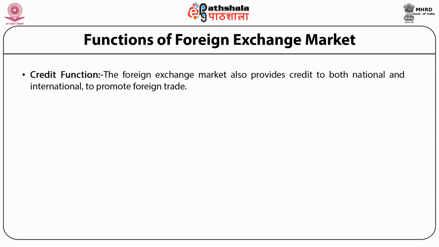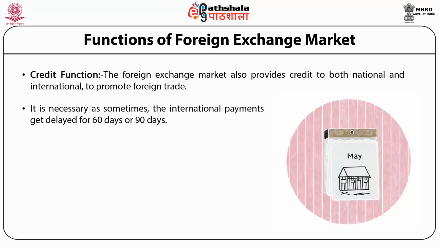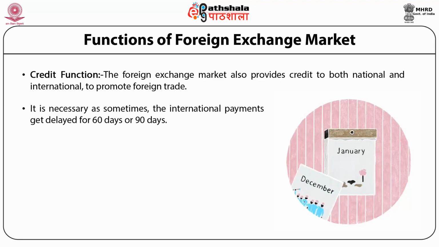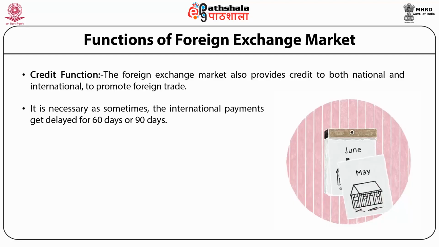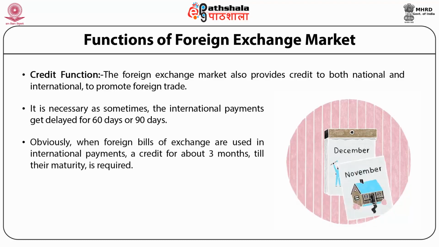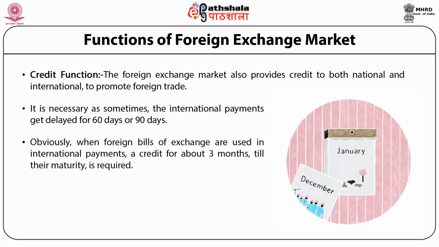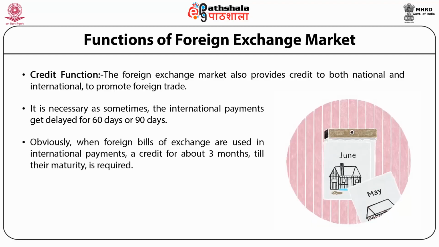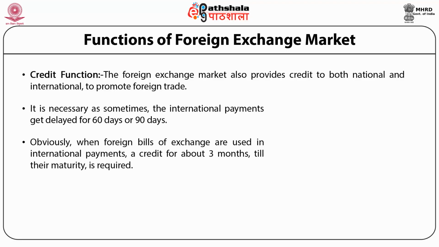The foreign exchange market also provides credit to both national and international organizations to promote foreign trade. It is necessary as sometimes international payments get delayed for 60 or 90 days. Obviously, when foreign bills of exchange are used in international payment, a credit for about 3 months till their maturity is required.